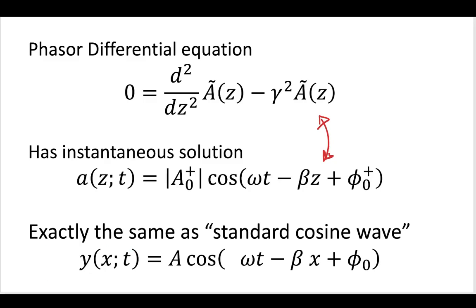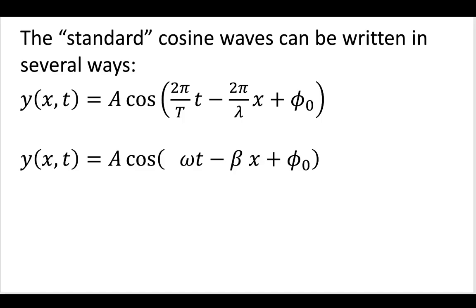That's one of the connections that I want you to make: that differential equation comes up a lot and has this specific instantaneous solution, which is the same as a standard cosine wave which you learned phasors with. Those standard cosine waves can usually be written in a couple different ways. In the time domain, the time related part, we may write in this radial frequency, and we may come up with this phase constant and then our reference phase here.